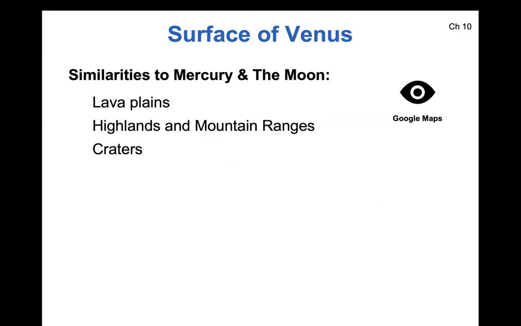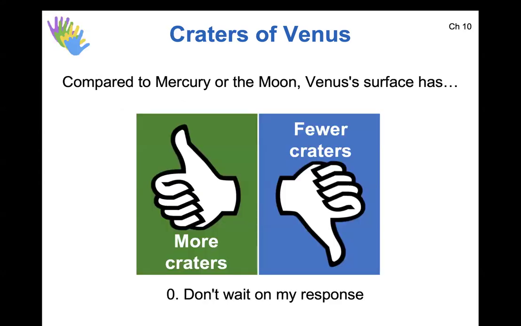So, how is Venus like Mercury and the Moon? Well, it's got some of these key characteristics like big lava plains, like the Maria on the Moon. It's got highlands that are heavily cratered, and it's just got lots of craters. Okay? So, compared to Mercury or the Moon, what do you think?